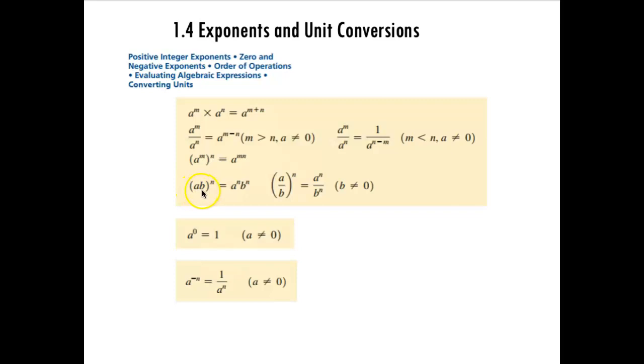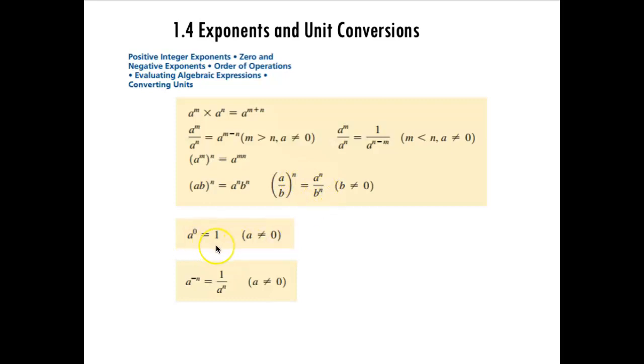If we've got a product raised to a power, it's kind of like distributing that power through the parentheses, so we raise each part of the product to that power. If we have a quotient raised to a power, we raise each part of that to that power.